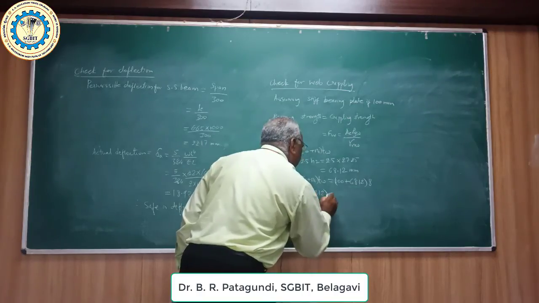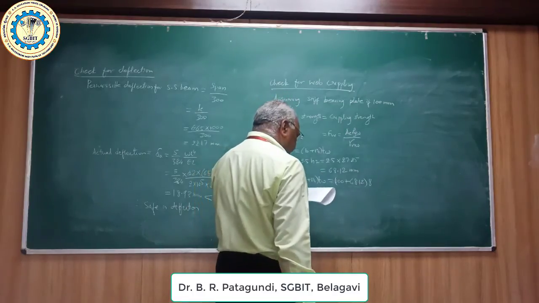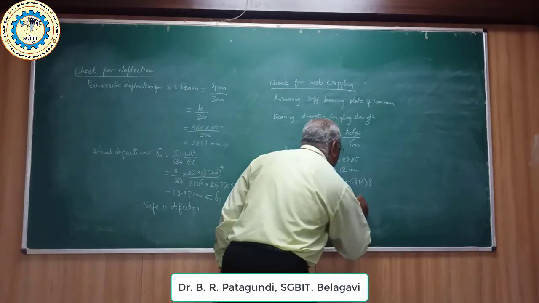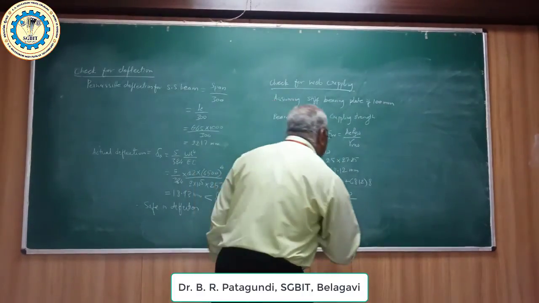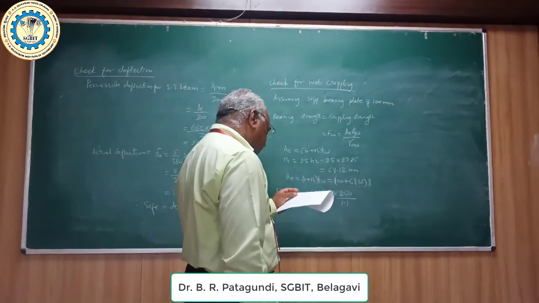So web bearing strength FW is equal to AE, 100 plus 68.12 into web thickness is 8 into FYW is 250 Newton per millimeter square, and gamma MO is 1.1.